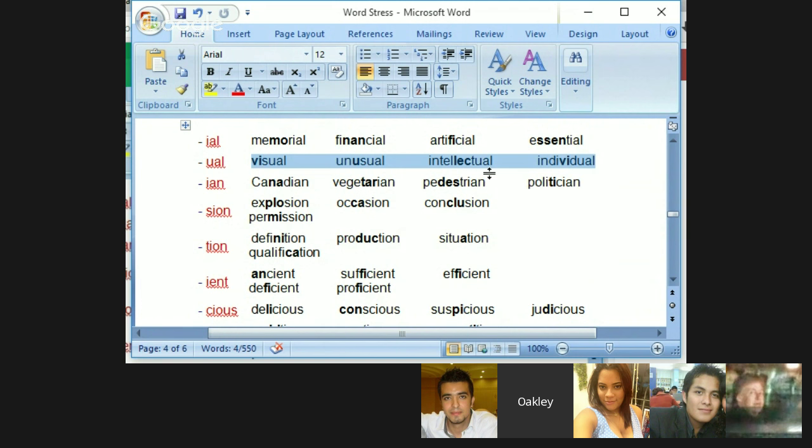But actually three of these could be nouns. A visual can be a noun. An intellectual can also be a noun. He is an individual. He is an intellectual. Noun or adjective. Again, as I said, this is very, very common: suffixes that can be noun or adjective.